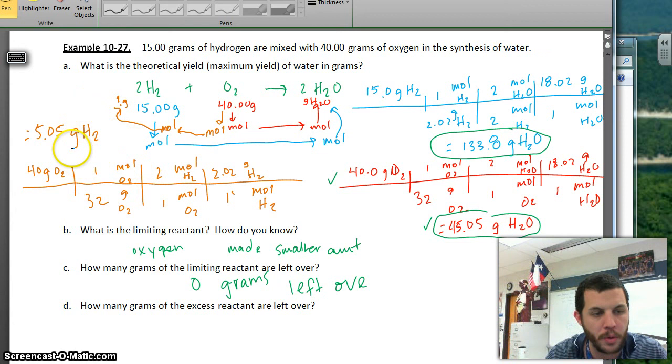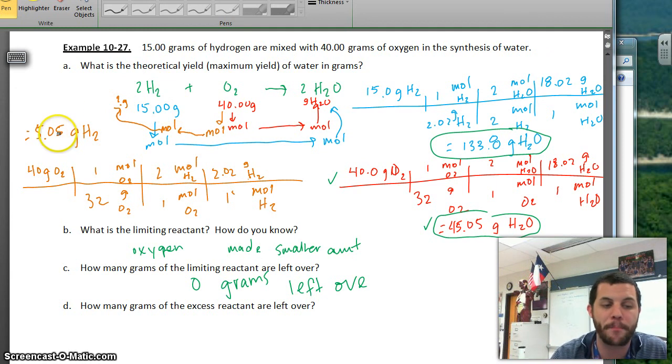Well, if I used 5.05 grams of H2 and I started with 15 grams of H2, I know that 15 minus 5.05 is 9.95 grams. And that's how I tell how many grams are left over.